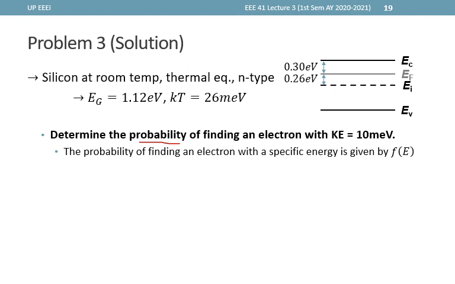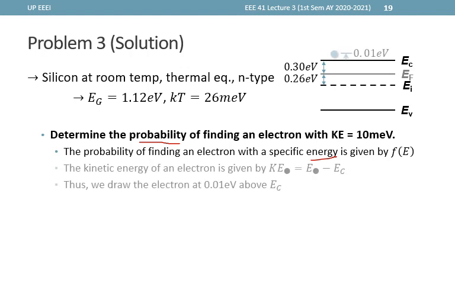The probability of finding an electron with a specific energy, not necessarily kinetic, is given by f of E. However, we have already described that the kinetic energy of an electron is its energy level minus EC, and since the kinetic energy is 10 milli-electron volts or 0.01 electron volts, then this means that the electron must be above EC by 0.01 electron volts.